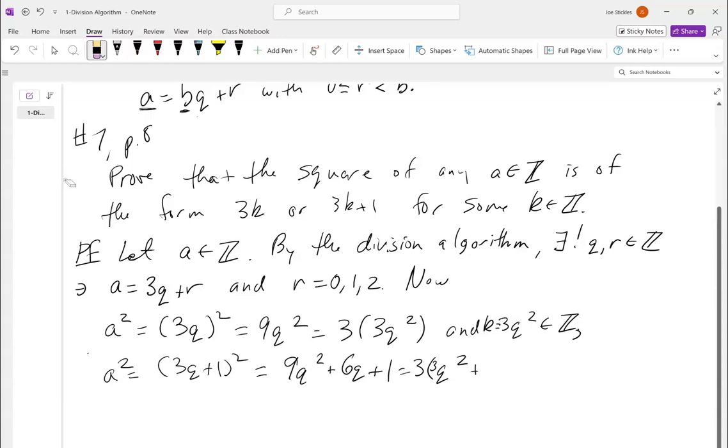Good. And then close brackets plus 1. Good, yep. And what's playing the role of K? Good. Let me emphasize that we're calling that my K here.